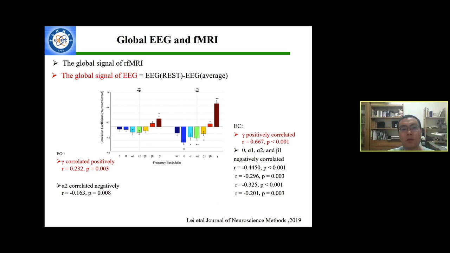That means REST also has a physiological background.